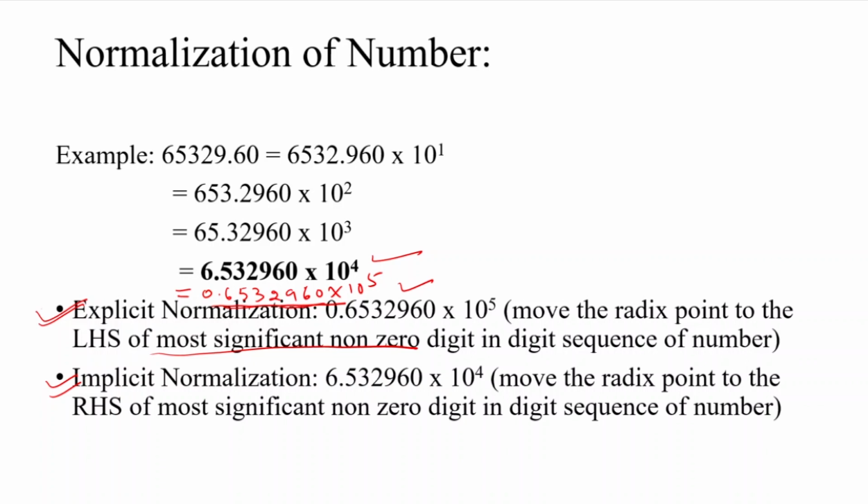Similarly, in implicit normalization, we move the radix point to the right hand side of the most significant non-zero digit in the digit sequence of the number. Generally for representing a floating point number, we use implicit normalization rather than explicit normalization.